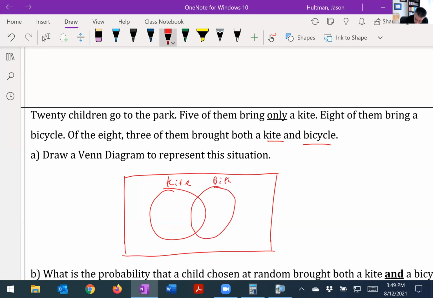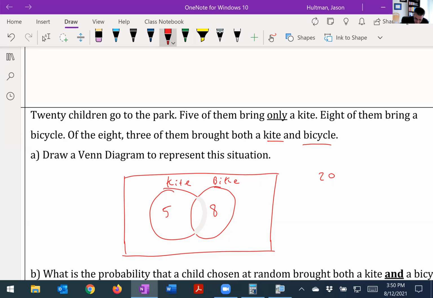So 20 children go, so there's a total of 20 kids. 5 of them bring a kite only. 8 of them bring a bicycle, so 8 total bring a bicycle.